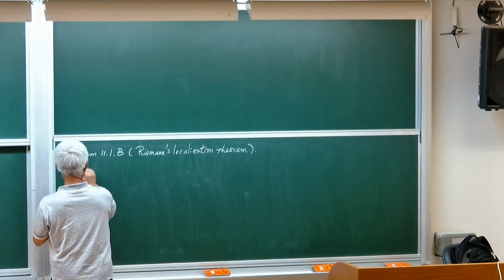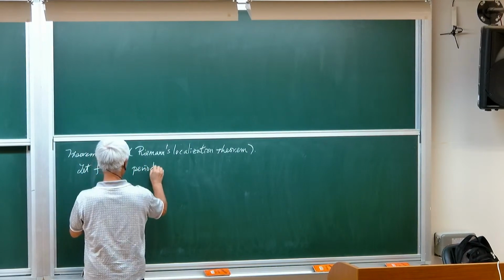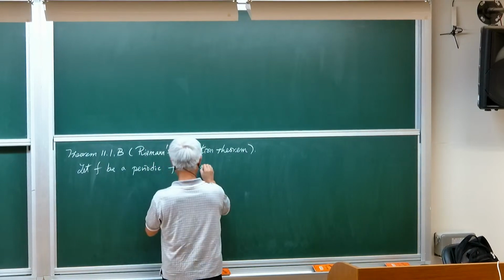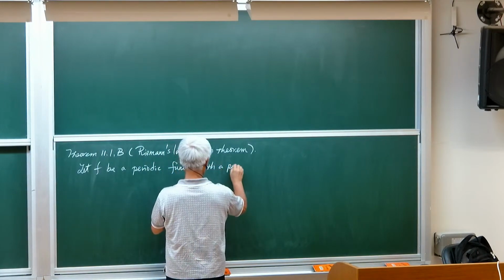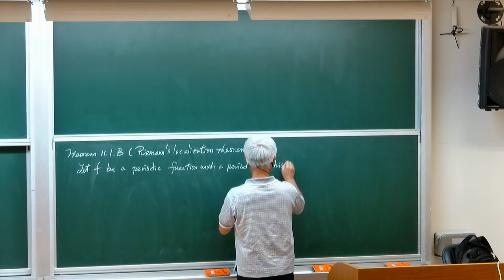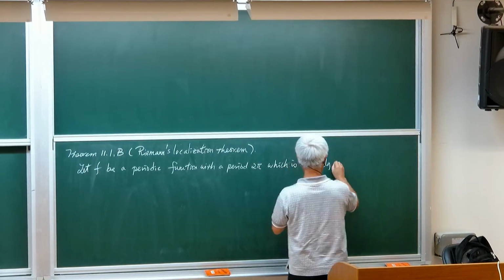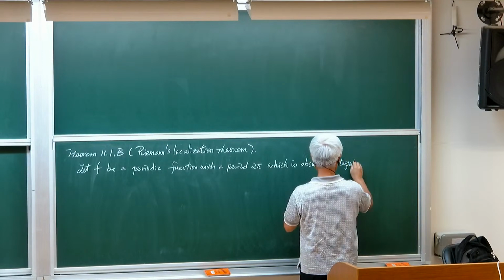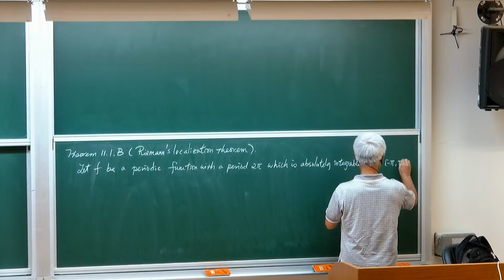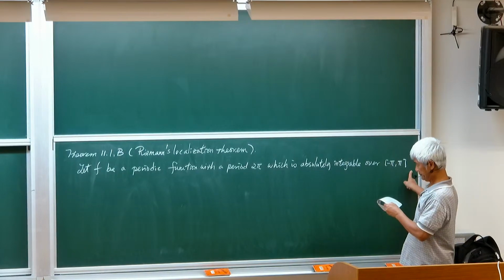Okay, so let f be a periodic function with a period 2 pi which is absolutely integrable over the closed interval from minus pi to pi.